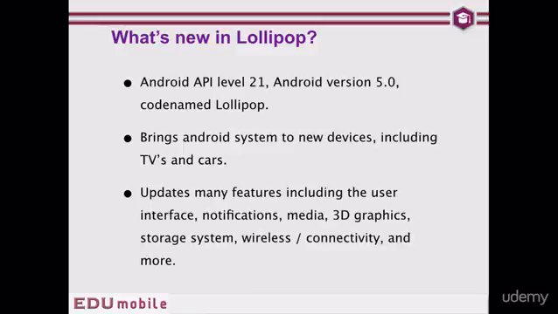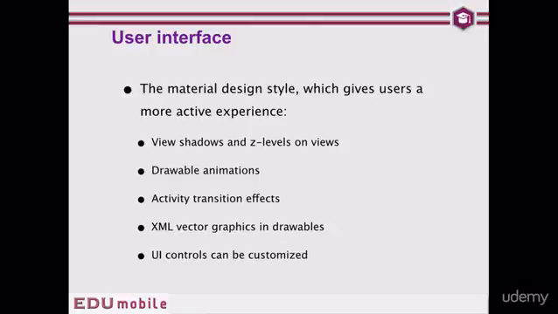It updates many features, including the user interface and some notification changes, media, camera, and audio and video, 3D graphics, storage system, wireless connectivity, and many other updates are included within the Lollipop system itself.